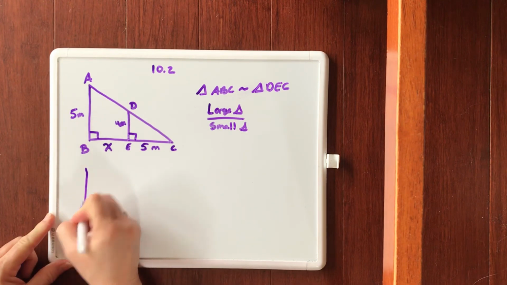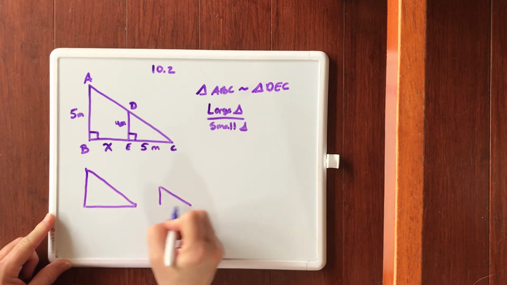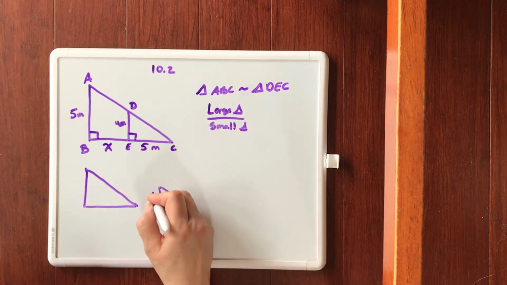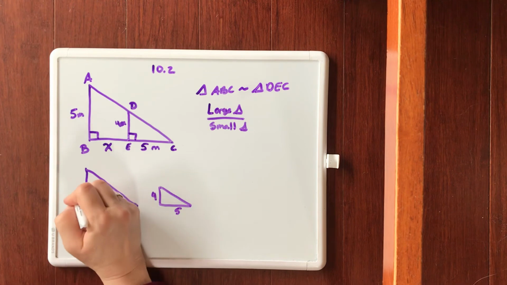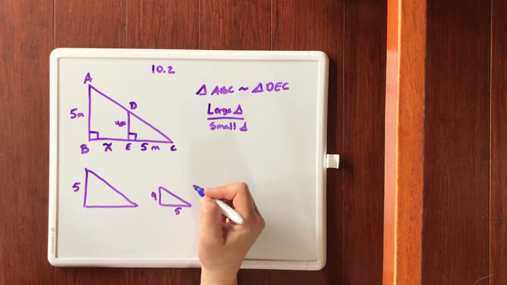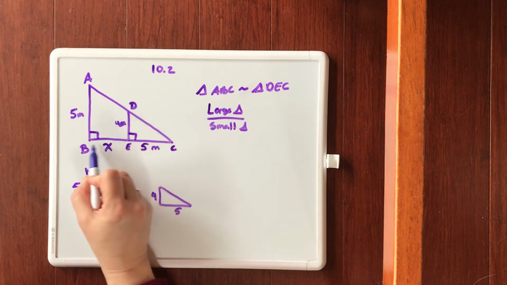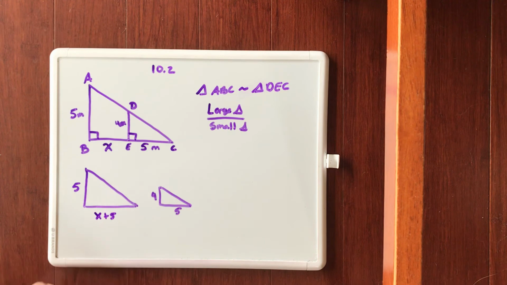Here's our large triangle, and here's our small triangle. We know this is 4, this is 5, and we know this is 5. But if this is 5 and this is x, all of this is x plus 5. Now that's going to help a lot.